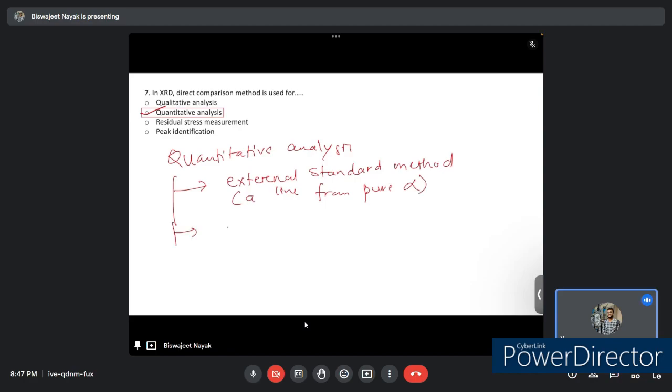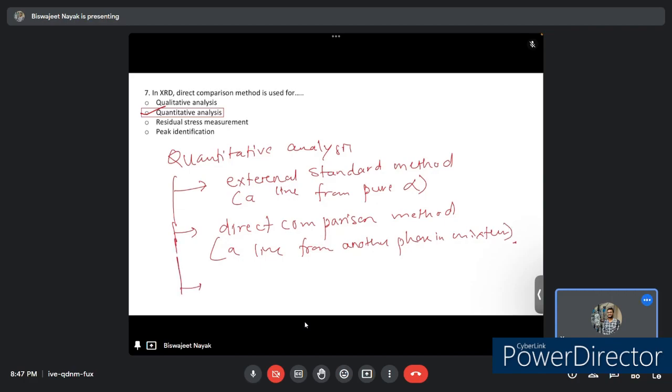Then the direct comparison method uses a line from another phase in the mixture.